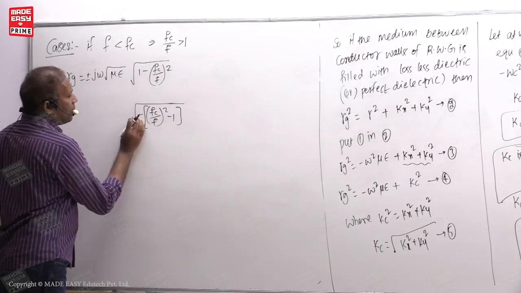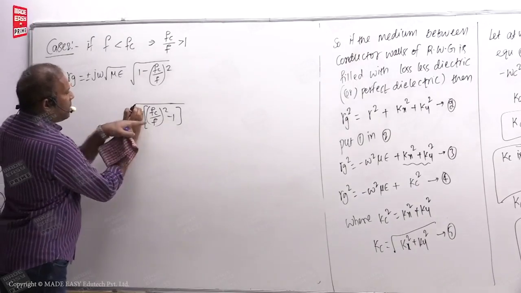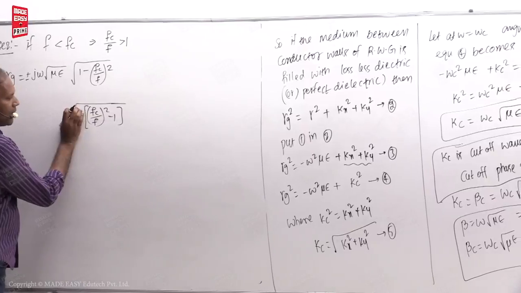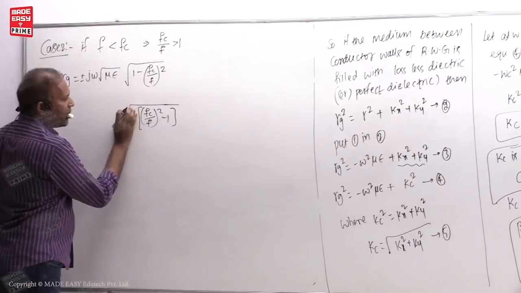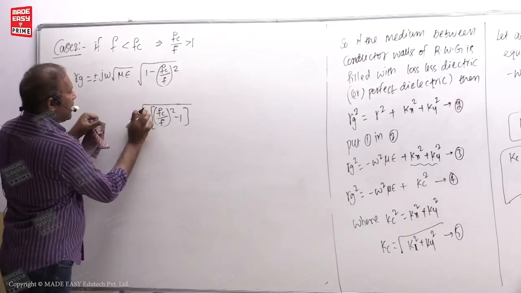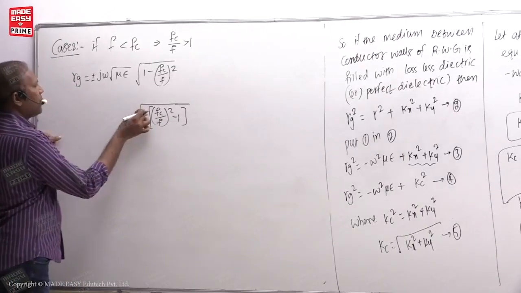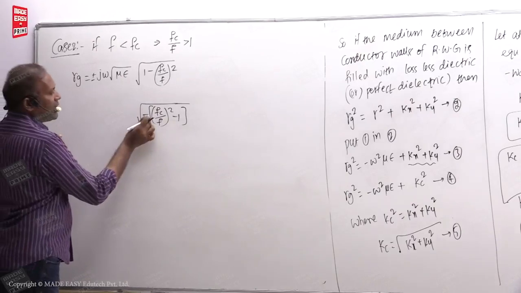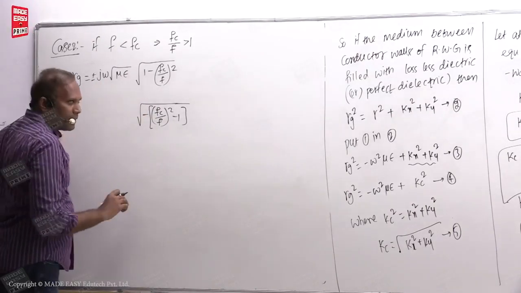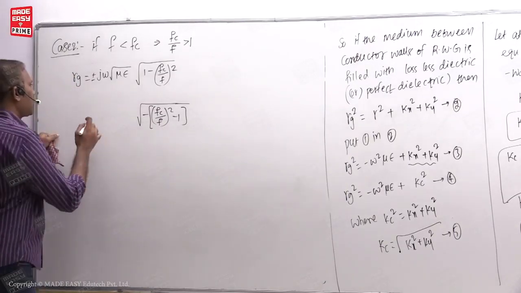Now if you see, don't bother about this minus. fc by f is greater than 1, so (fc by f) whole square is also greater than 1. Greater than 1 minus 1 becomes positive, so this term is positive. The minus is there here. If I get this minus outside, this minus 1 is j square and it comes outside, j into j square is minus 1. That becomes real actually.